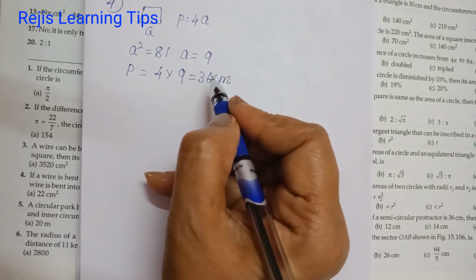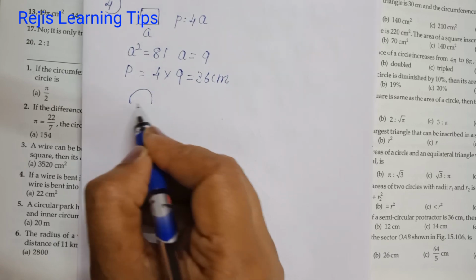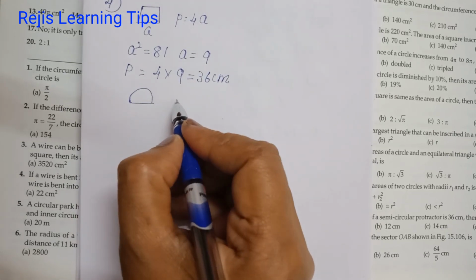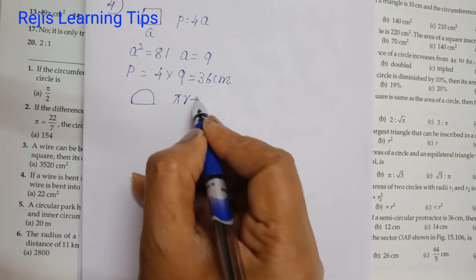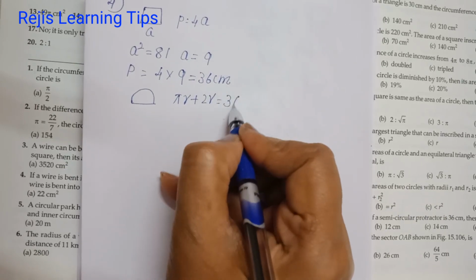Okay. Then now wire is bent into a semicircle. Therefore, wire is bent in the form of a semicircle. Then circumference is equal to pi r plus 2r, that is equal to 36.